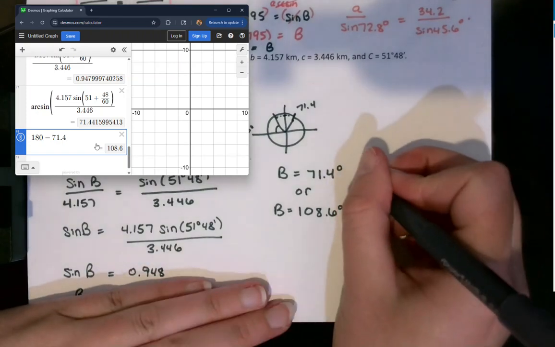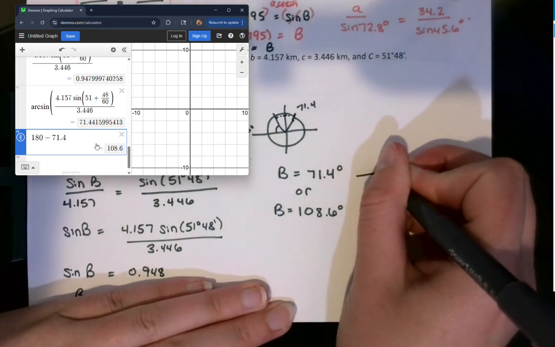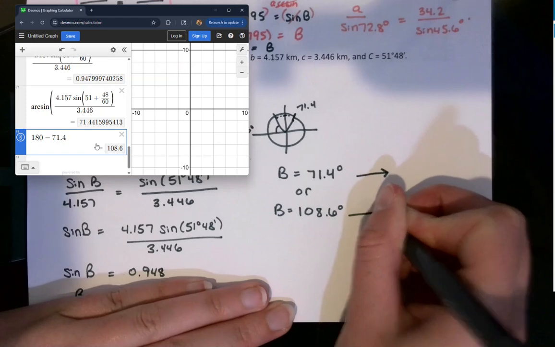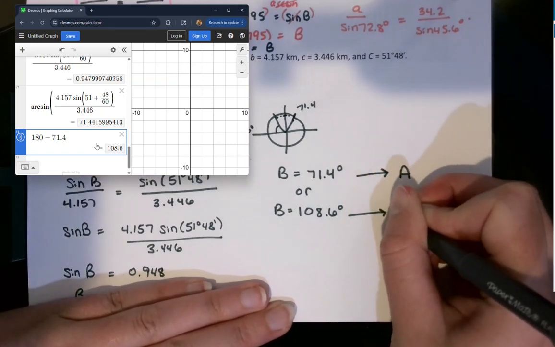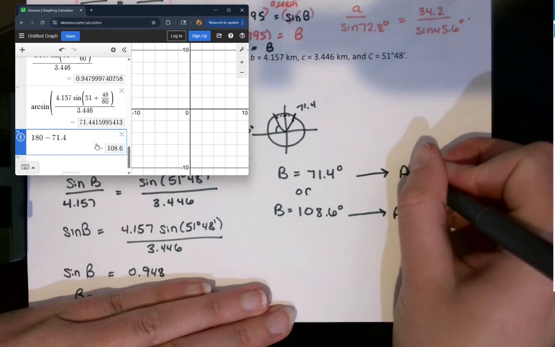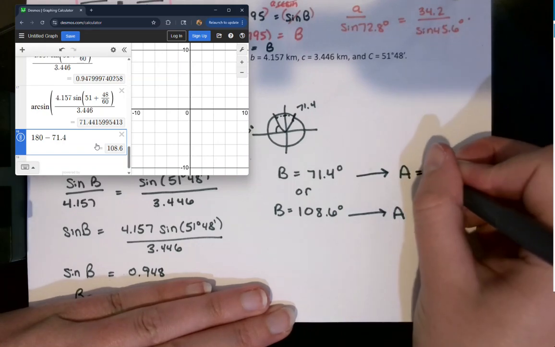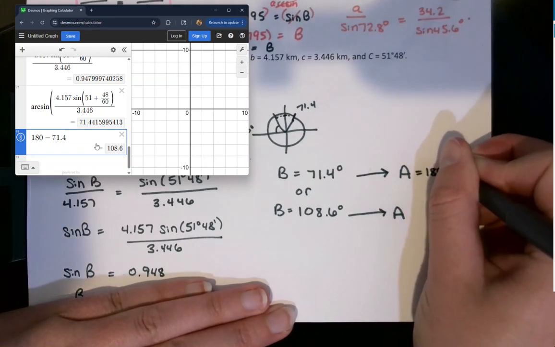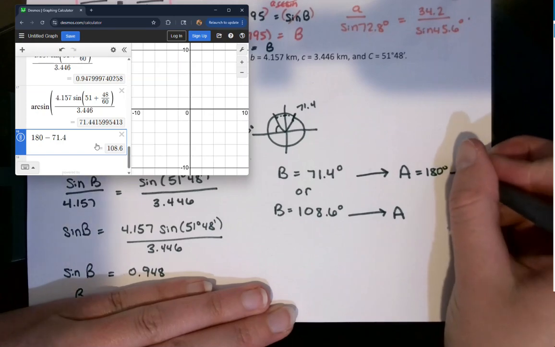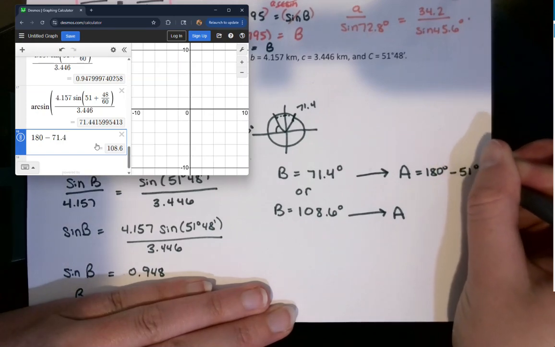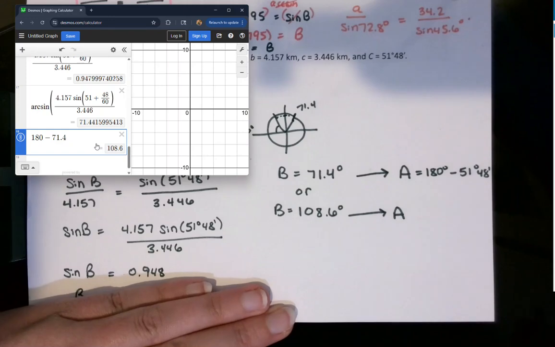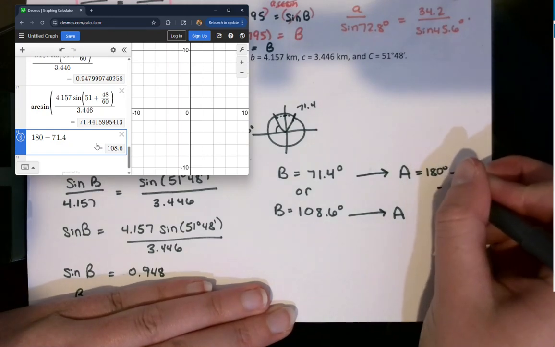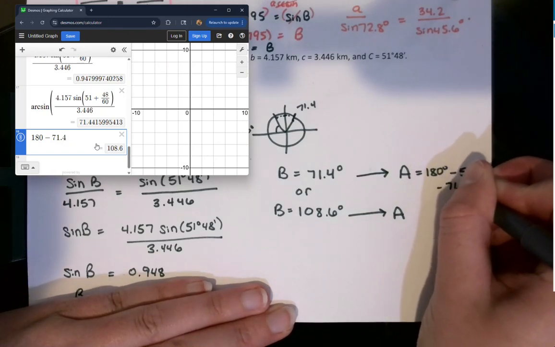Let's see if we can find the angle A's that would match up with these. Okay, so in this first case, angle A, we're going to take the 180 minus the 51 degrees, 48 minutes. I have to convert that back to minutes here in a second. Minus the 71.4 degrees.